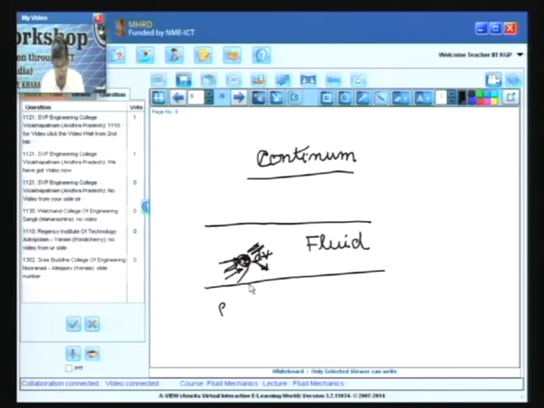So common sense tells us the remedy. One remedy is that the volume should be larger, so that we ensure a huge number of molecules will be there at any instant of time, as compared to the number of molecules coming in or going out. Therefore, the level of uncertainty will be reduced.